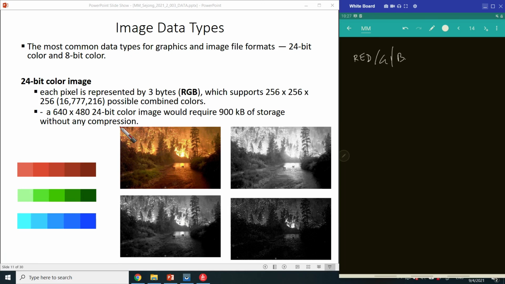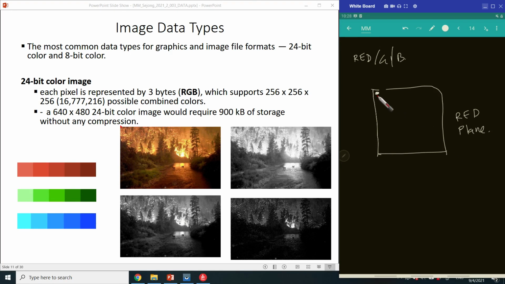So for these pixels you have a red part, green part, and blue part. Now if you think about what the red part is, let's say we are considering only the red part. This is the red plane, more appropriately. Now if this is the red plane, what are the values of this one?